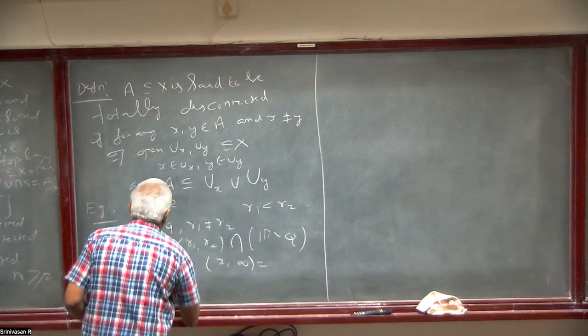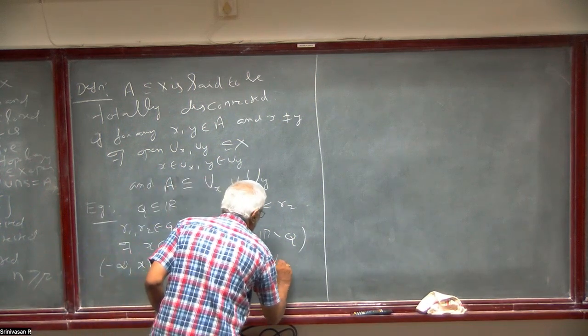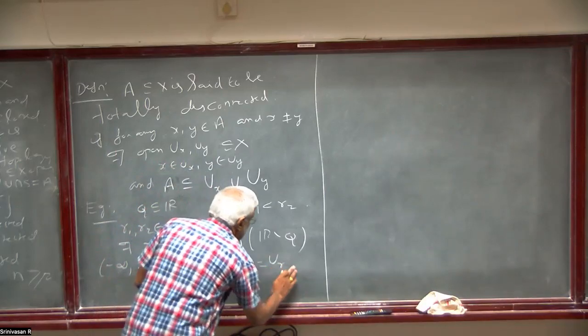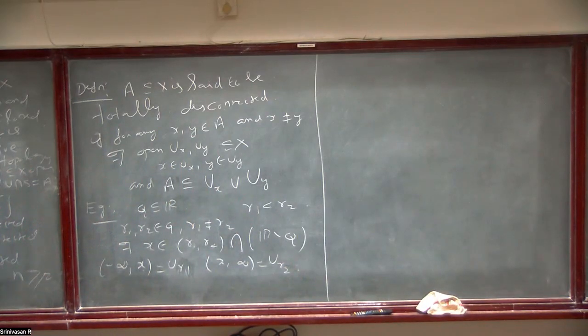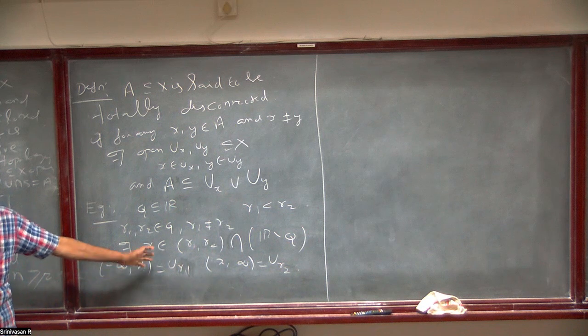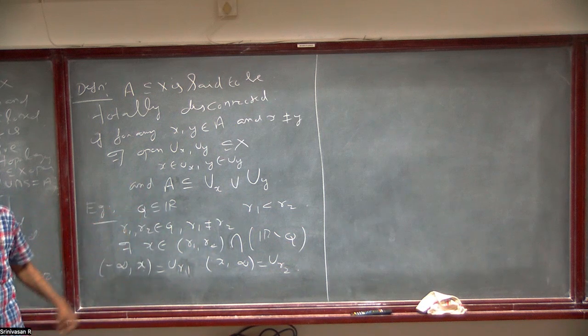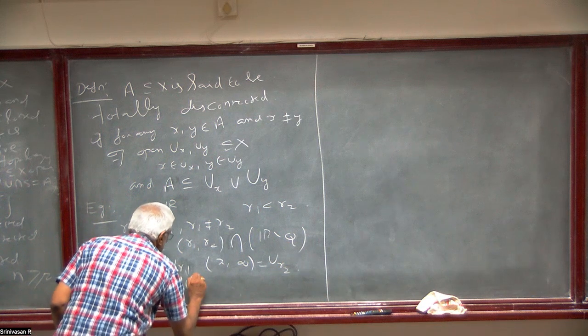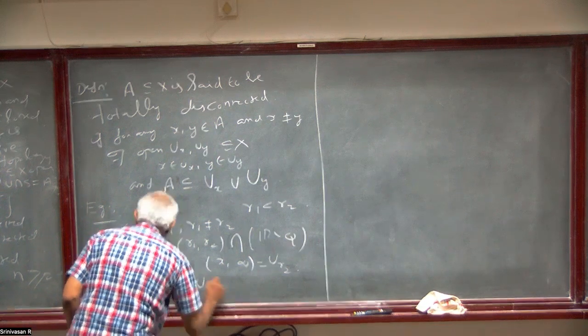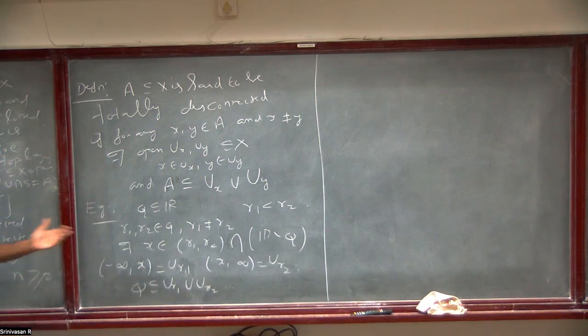This contains r1 and this contains r2. Their union will only leave out x, which is irrational. It doesn't matter. So Q is contained in Ux union Uy, of course. So the rationals are totally disconnected.